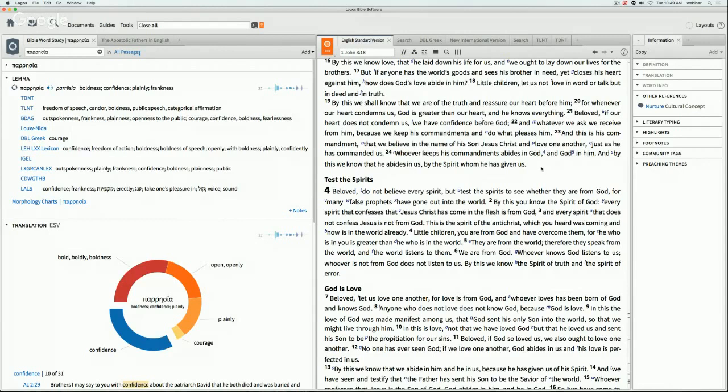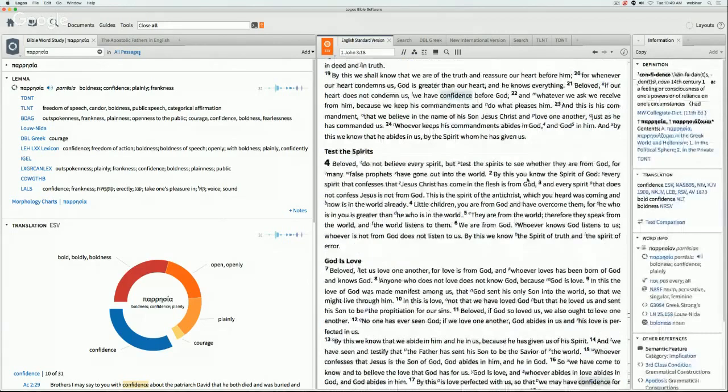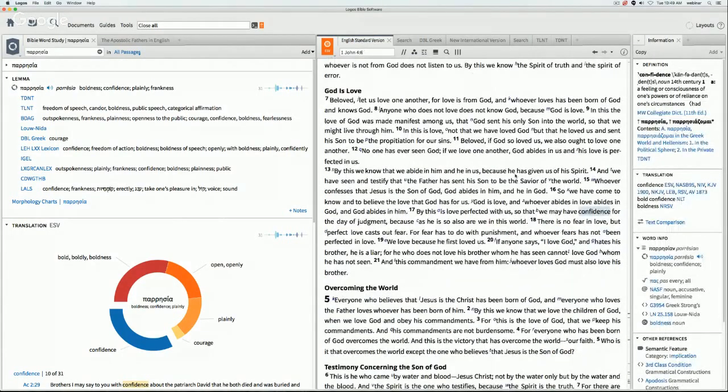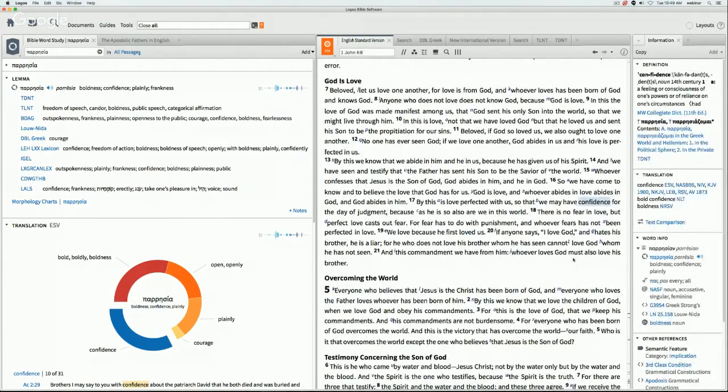And we see that even more so if we scroll down and look at the next instance of confidence in 1 John chapter 4, verse 16. God is love, and whoever abides in love abides in God, and God abides in him.